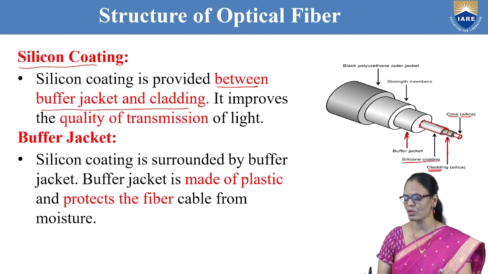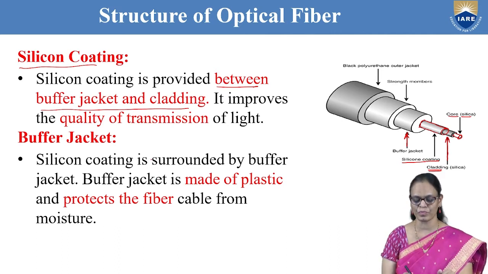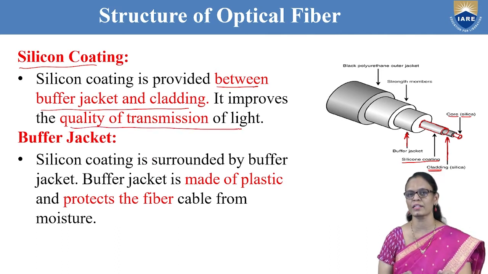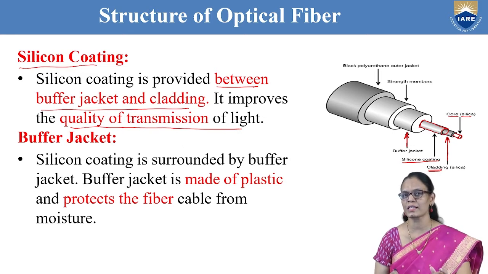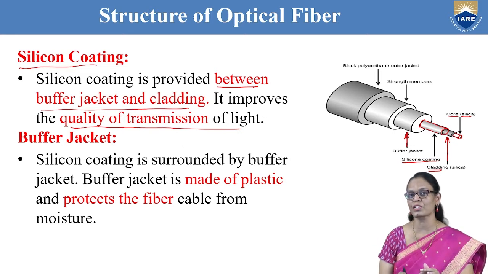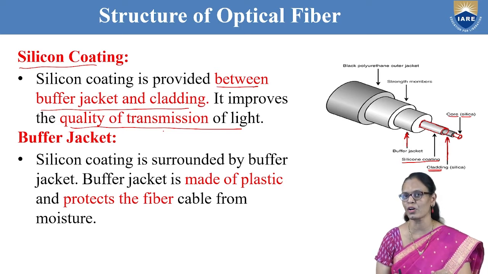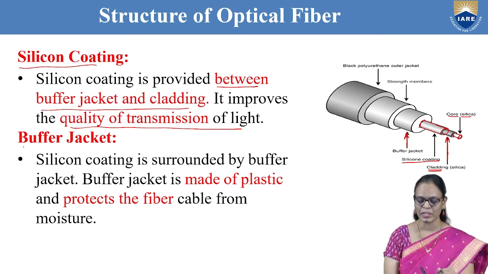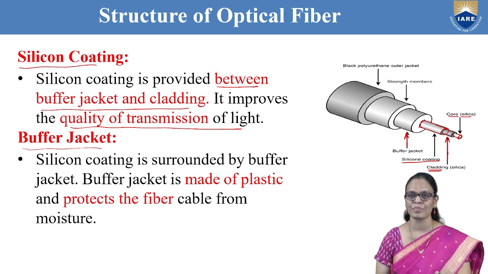So the silicon coating lies in between the cladding and the buffer jacket and its main function is to improve the quality of transmission of light.